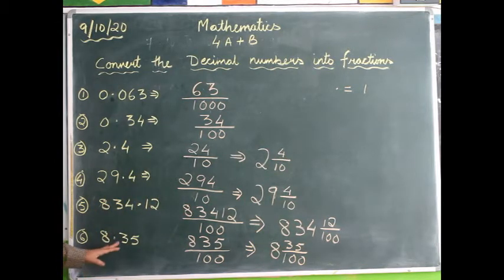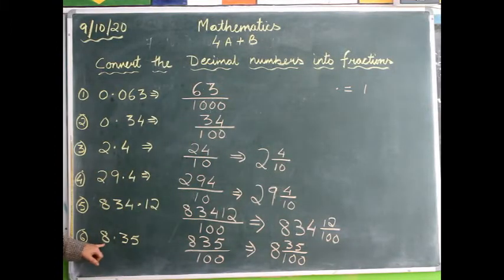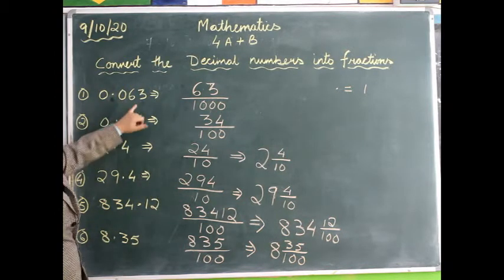Okay? But in a very practical way, with an easy way, I am explaining that the point changes into 1, and after that 0, 0. 1, 0, 0, or it can be read as 8 and 35 hundredths.